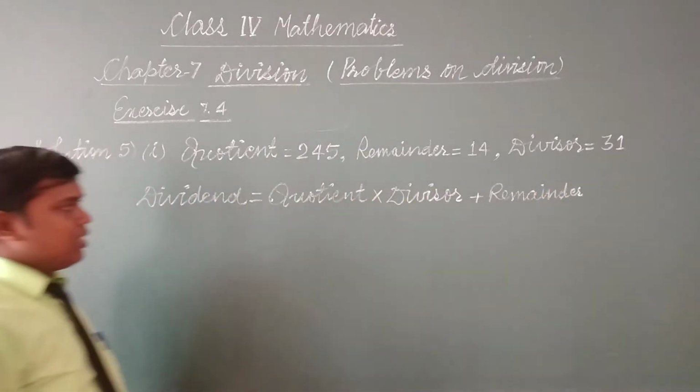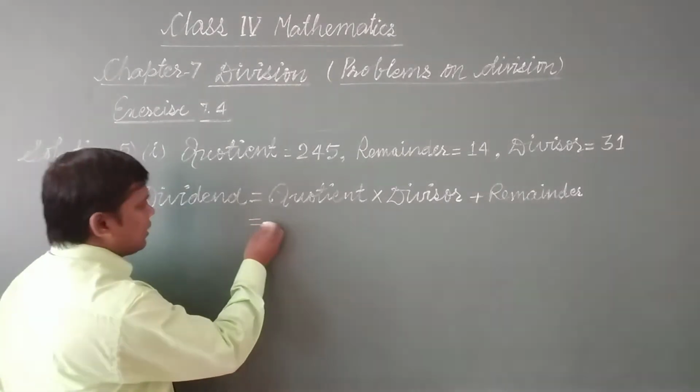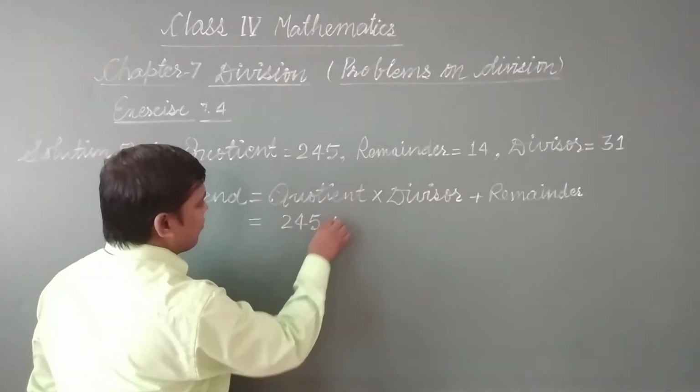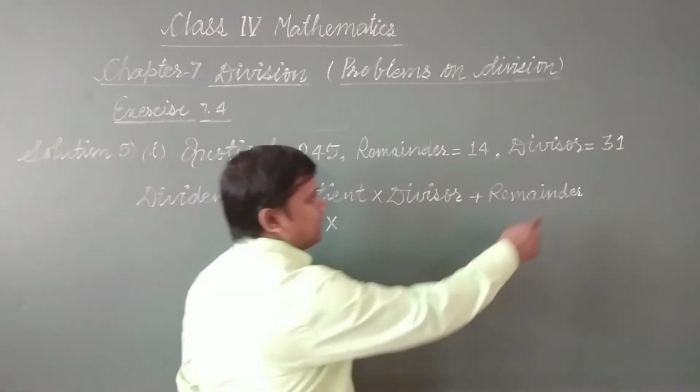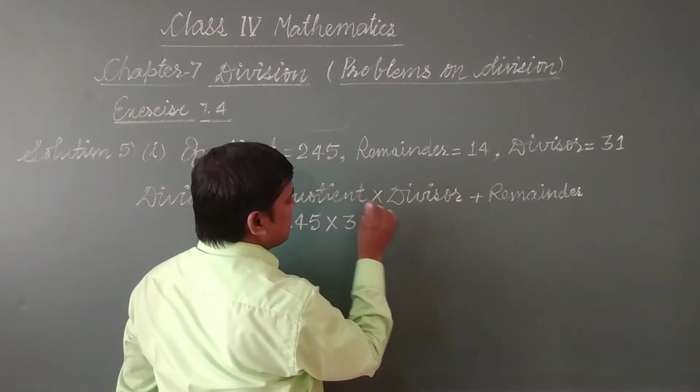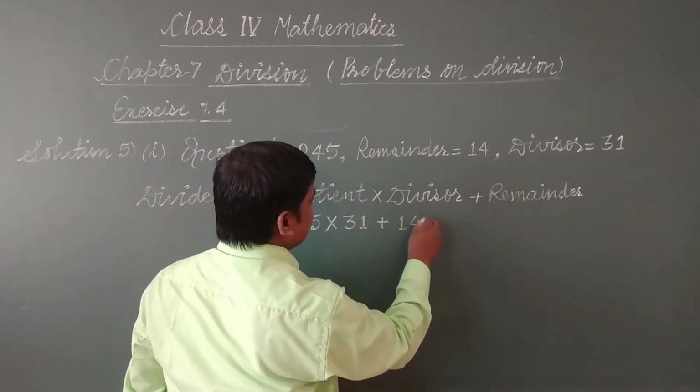So we will write quotient 245, divisor 31, plus remainder 14.